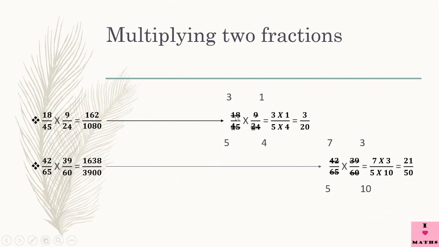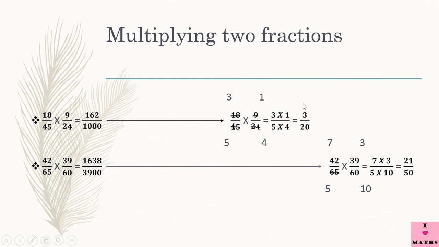Okay, 18 and 24. Both of them come in the table of 6. 6 threes are 18, 6 fours are 24. So all our four original numbers have got cut and we have got new numbers. 3 multiplied by 1, 3 ones are 3, and 5 fours are 20.